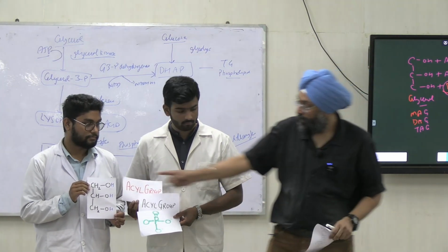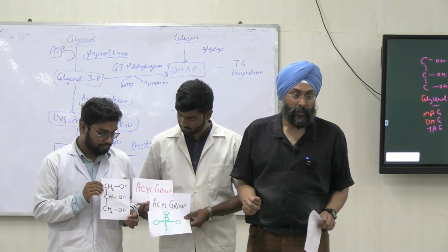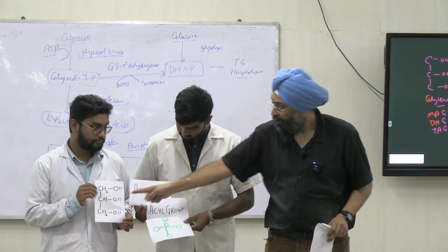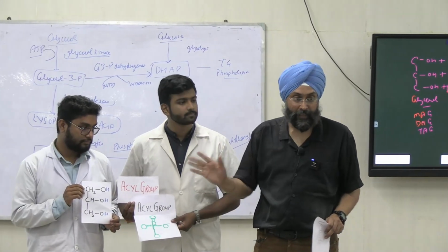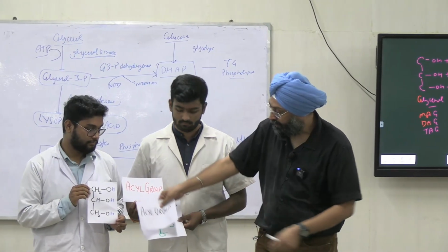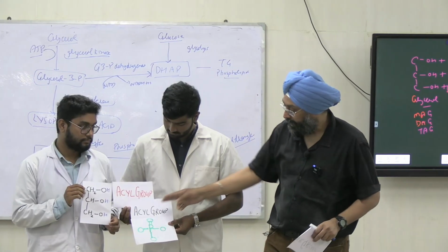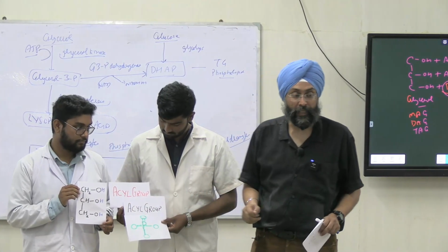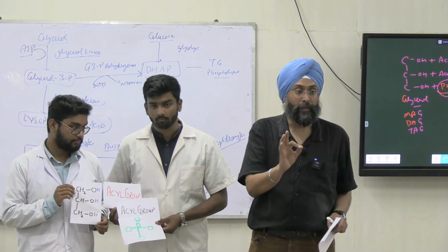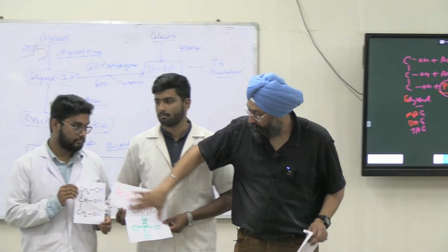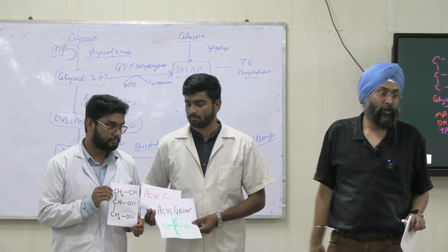Right? 3 O's are there, it is glycerol. When one acyl is attached, it becomes MAG, monoacyl glycerol. Another acyl is attached, it becomes diacyl glycerol. If I attach another acyl, it becomes triacyl, that is our TG. But at third position, we attach phosphate, it becomes our first phospholipid, that is phosphatidic acid. From this molecule, we synthesize all other phospholipids.